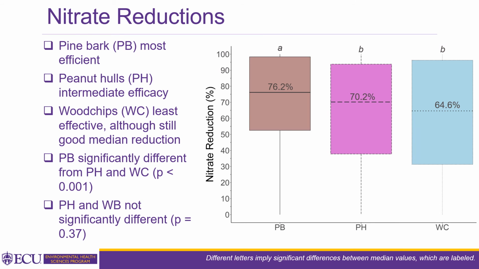So we found that all of the carbon-rich media were effective nitrate removers, though there was some difference in overall treatment. Pine bark contained the highest nitrate removal percentage of about 76% and was significantly different from peanut hulls at 70% and wood chips at 65%.